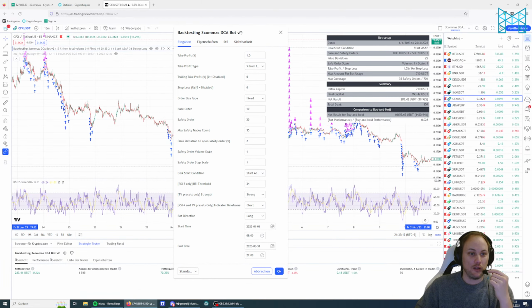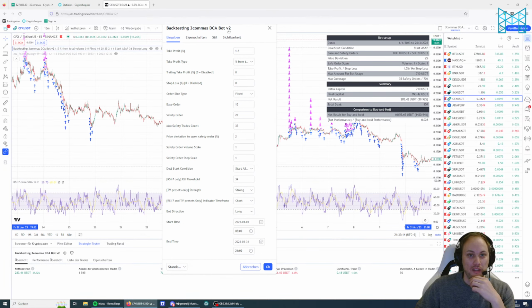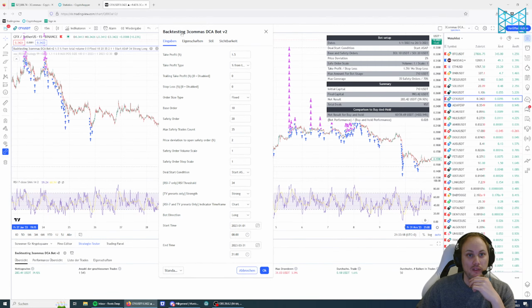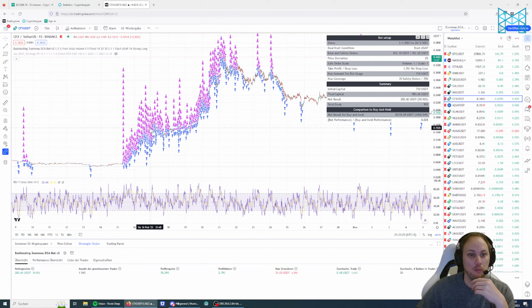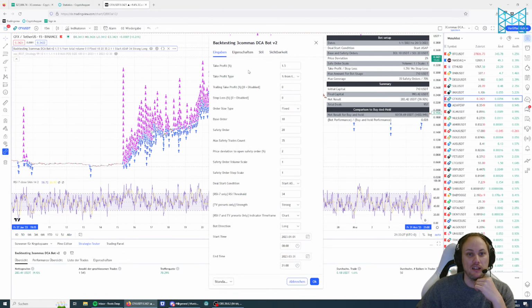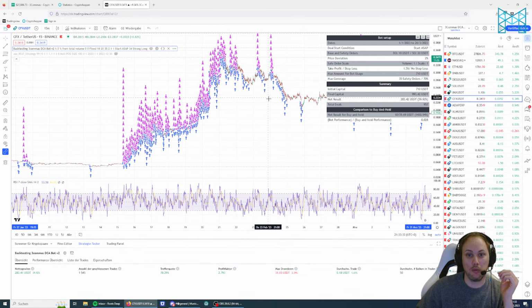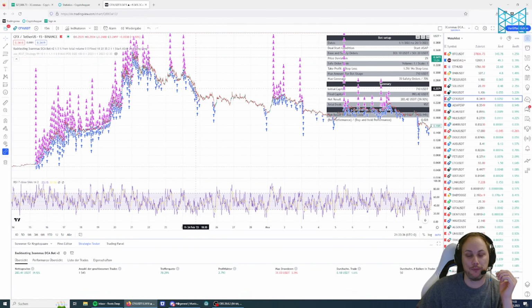So I found out that what really worked great for me are these settings for the DCA bot. Because, as I said, you need a really good profitable, volatile coin. My settings are, I only take profit 1.5%, right? So we will fill our bags, and the average price lowers quite well.